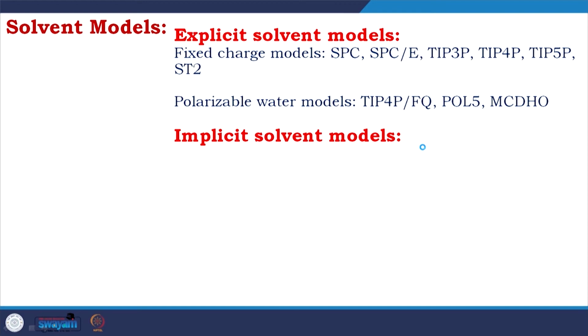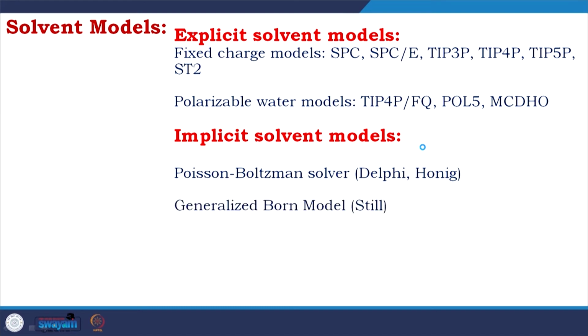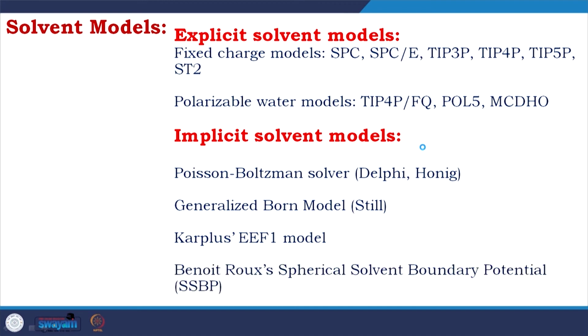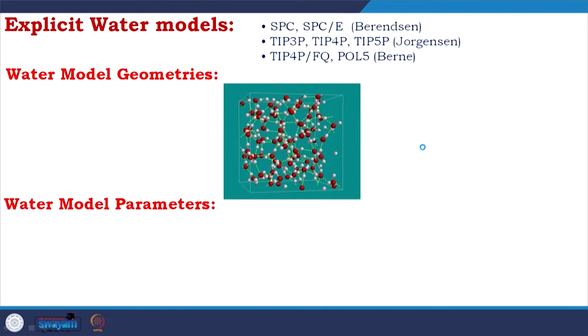Implicit solvent models, as I told, generally come from the development of theory. So, there is the Poisson-Boltzmann solver, under the program DelPhi by Barry Honig, the generalized Born model, and Karplus. You know Karplus, he is, we could say, the heart of MD simulation and its further proceedings, a Nobel laureate. His EEF1 model, and Benoit Roux from the University of Chicago, the spherical solvent boundary potential SSBP model.